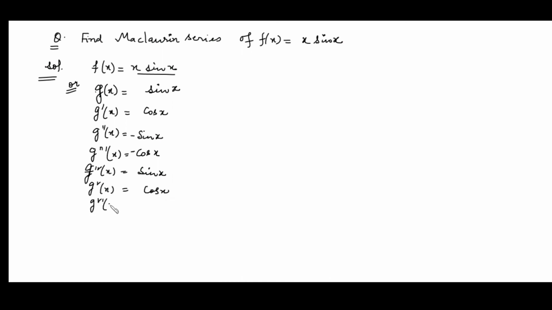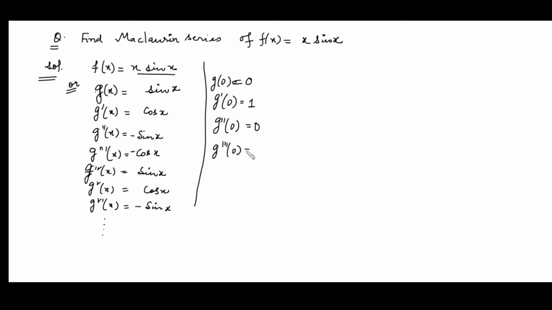Sixth derivative is minus sin x, and so on. Now what are the values of the function at 0? g(0) is sin 0, which is 0, g prime at 0 is 1, g double prime at 0 is 0, g triple prime at 0 is minus 1, fourth derivative at 0 is 0, fifth derivative at 0 is 1, and so on.